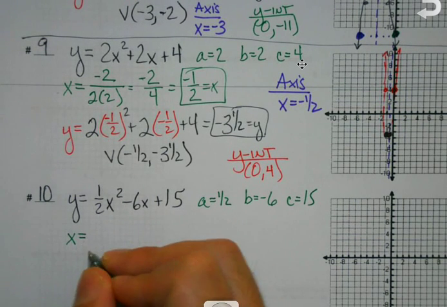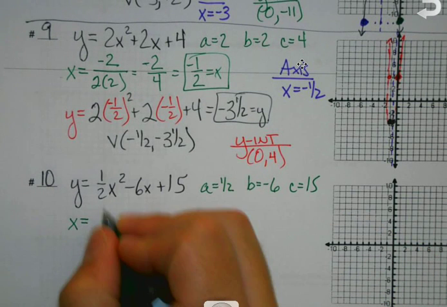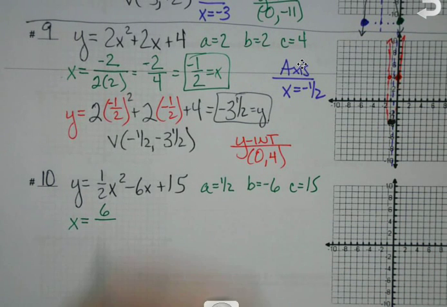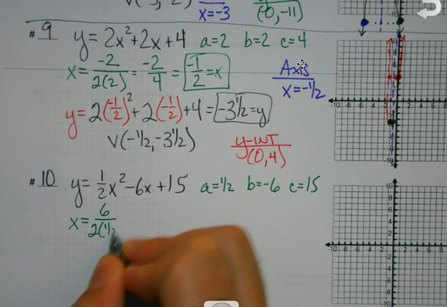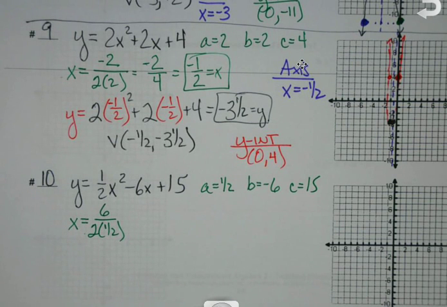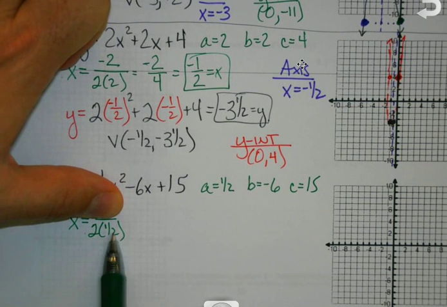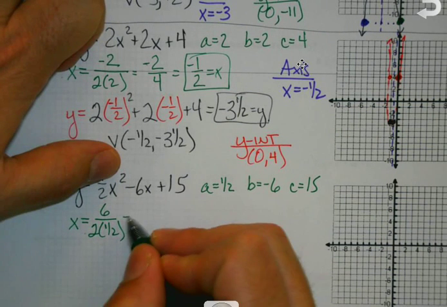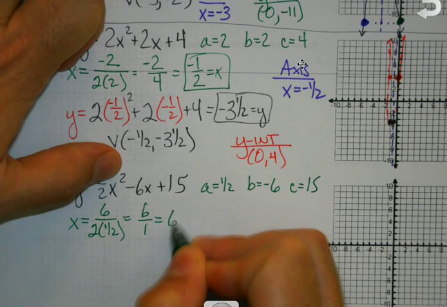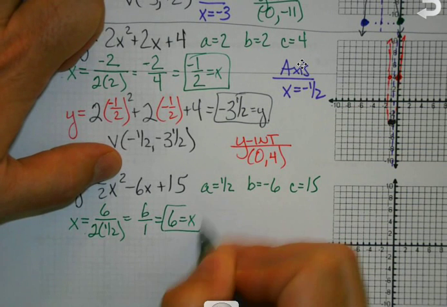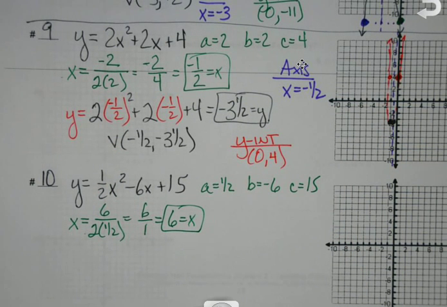X equals opposite of B, opposite of -6 is 6, over 2 times A. Don't let the fraction freak you out. Okay, let's forget about the 6 for a second. Half of 2 is 1. Okay, so my x value of my vertex is 6.